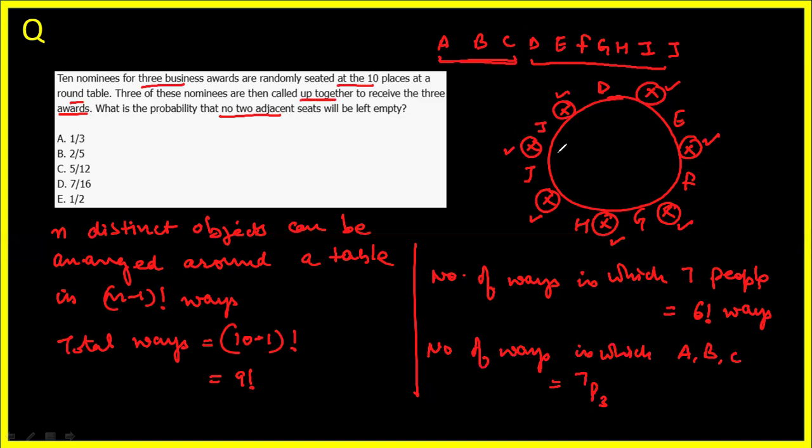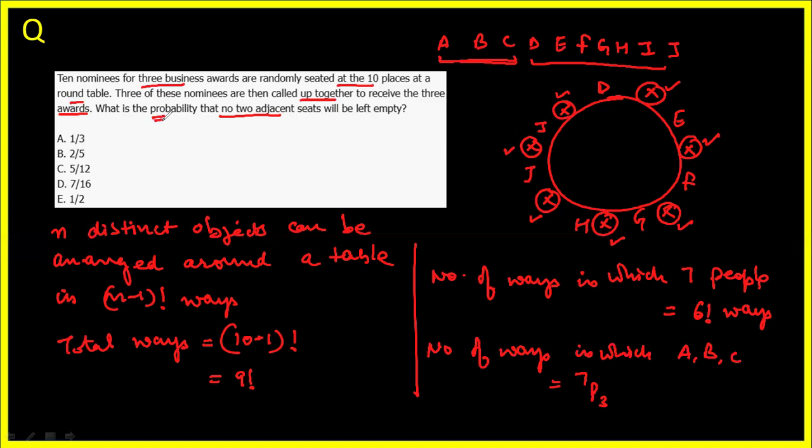Order matters. Therefore, it's a question on permutation. So the total number of ways in which you can pick 3 positions out of these 7 for ABC will be 7P3. So that is our favorable number of outcomes, and we have to find the probability.